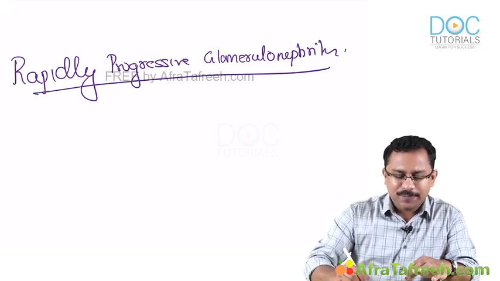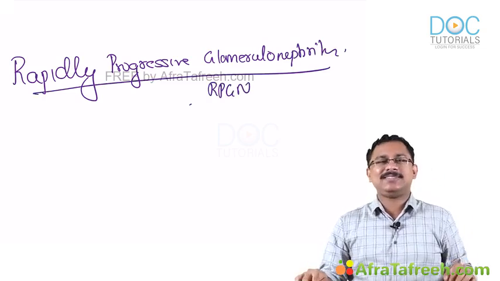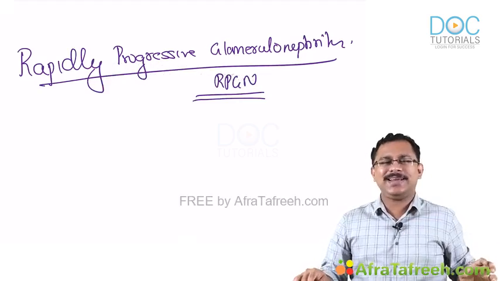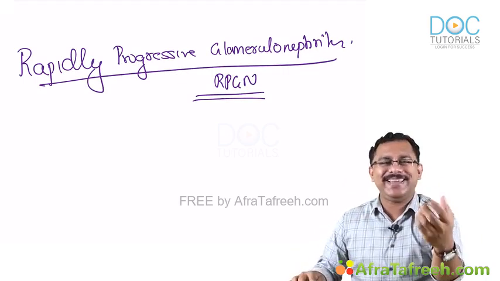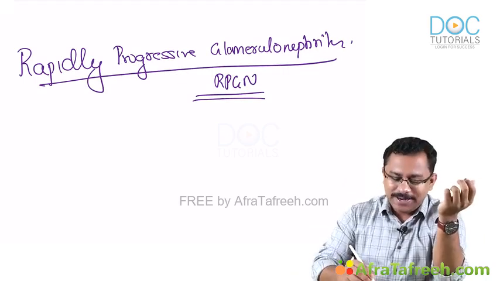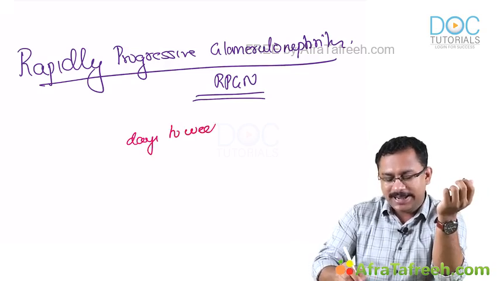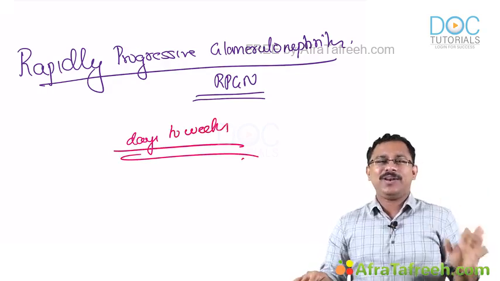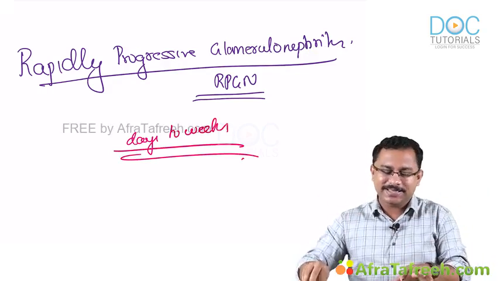So when you talk of RPGN, see, it is again a nephritic presentation. Only thing is that it can rapidly progress to a renal failure within days to weeks. Okay, so the progression will be more rapid. Days to weeks. This is rapidly progressive glomerulonephritis. So that is what you have got to keep in mind regarding RPGN.